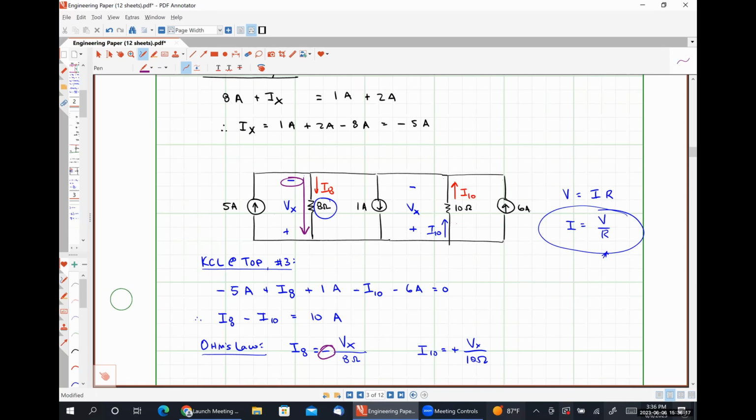Similarly, if we look over here at the current flowing through the 10 ohm resistor, I don't know why this is being difficult and not writing, there we go. It hits the positive polarity terminal first as it flows through the 10 ohm resistor, which is why it gets a positive sign.